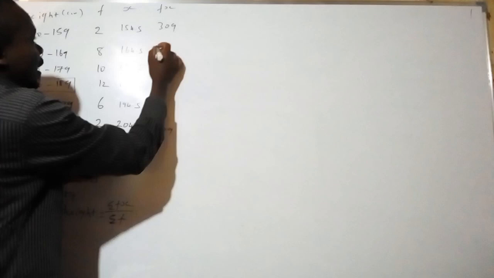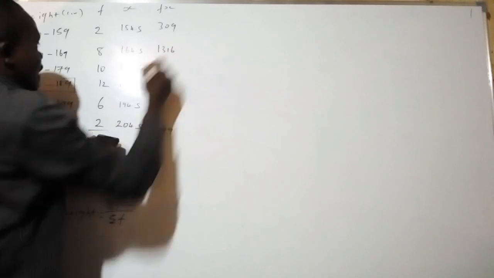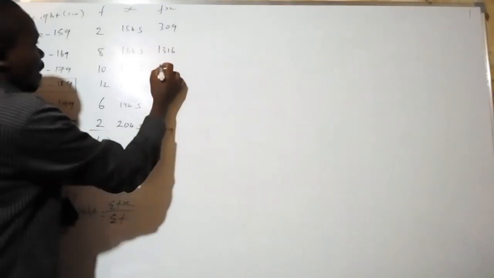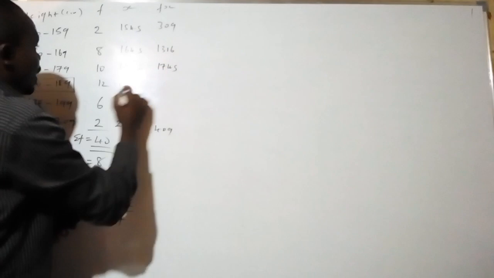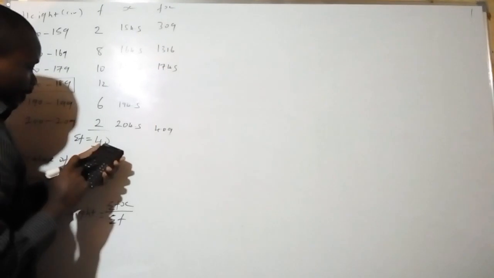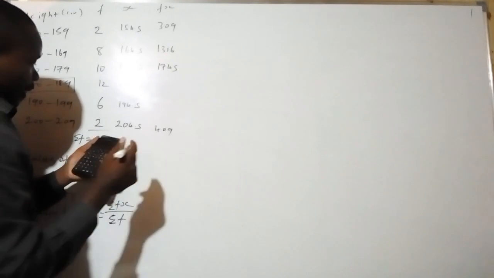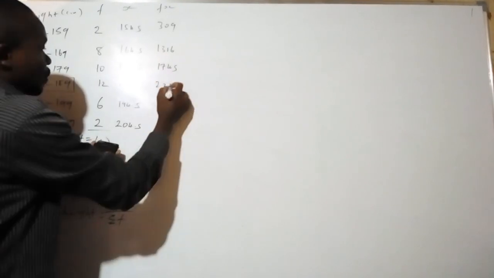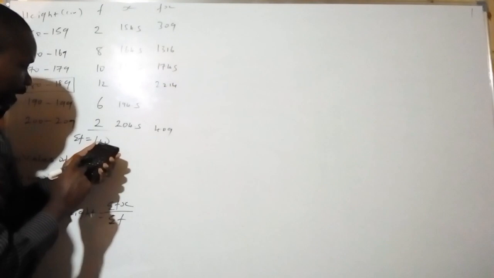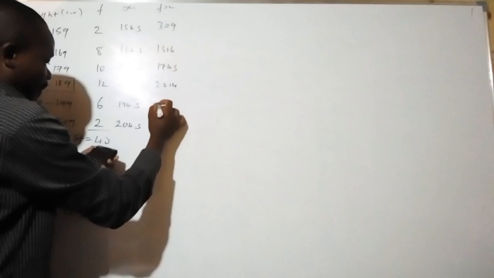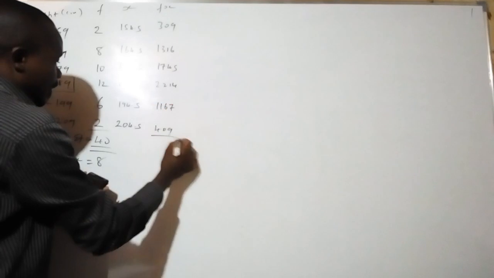Here we are going to have 1745. 184.5 times 12, we get 2214. 194.5 times 6, we get 1167.